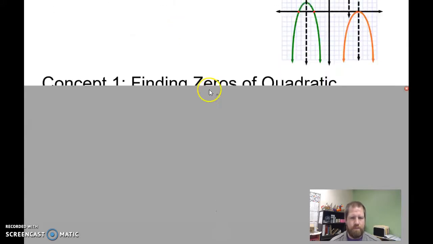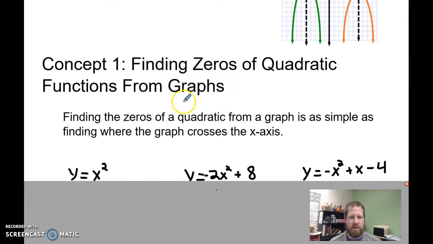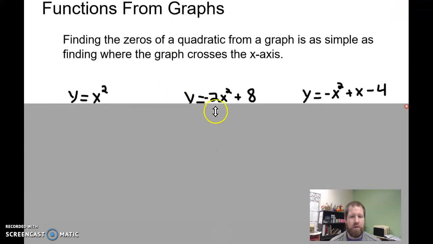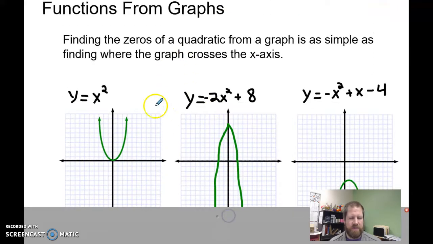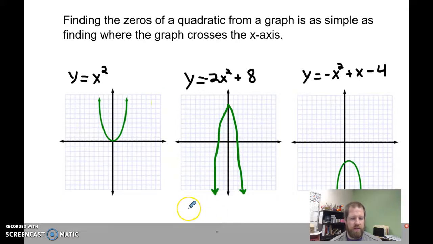All right. So our first concept is about finding those zeros from graphs. So when we're looking at graphs, finding the zeros is pretty straightforward. All right. We are going to look at the graph, we're going to see where it hits the x-axis, and in this one it's right there.